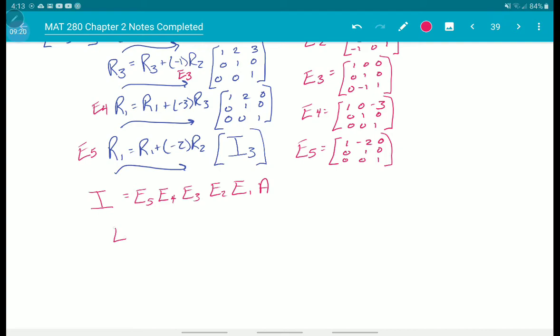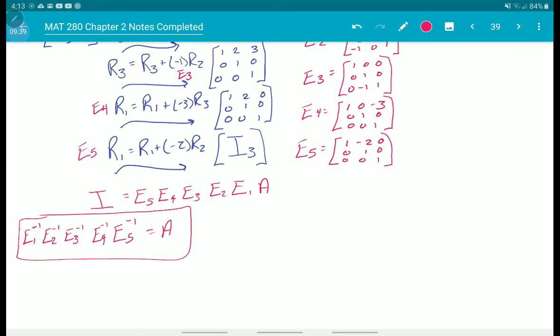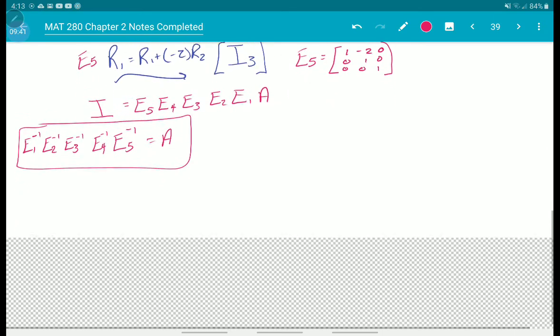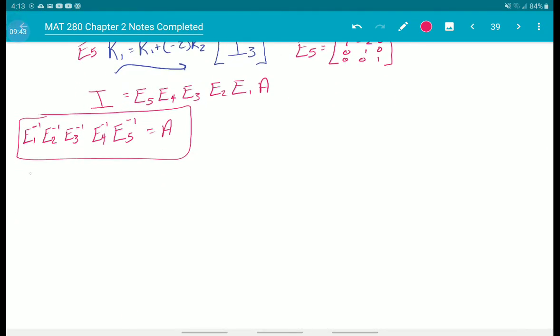So if we multiply on the left by E5 inverse, then E4 inverse, then E3 inverse, and so on, we will be able to achieve that goal. So there's our product. And I'm going to write those out.